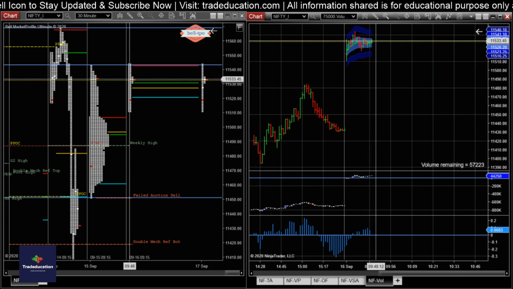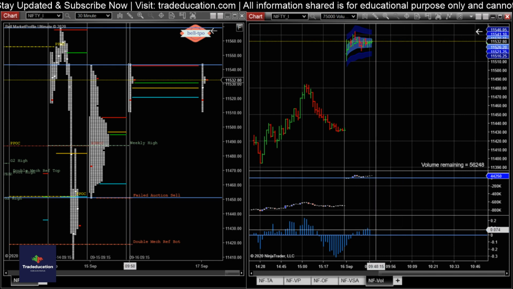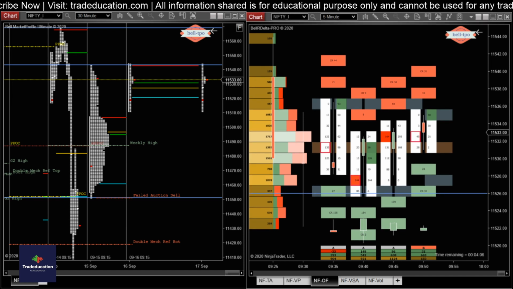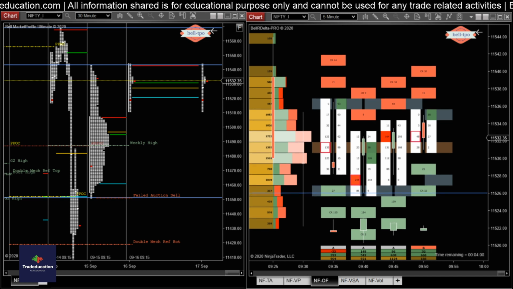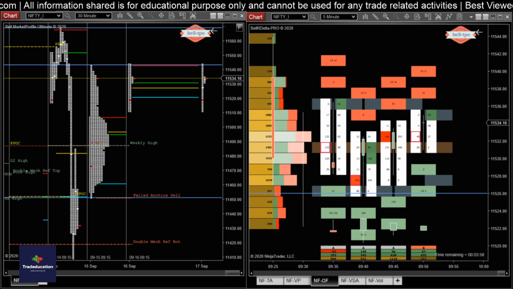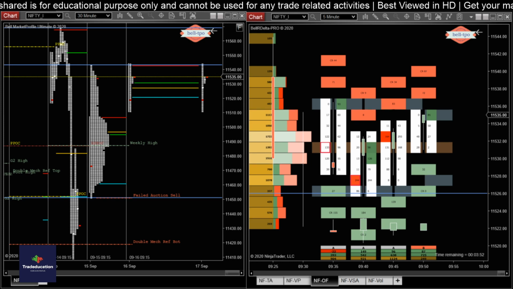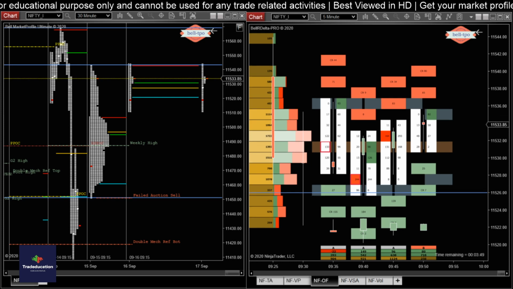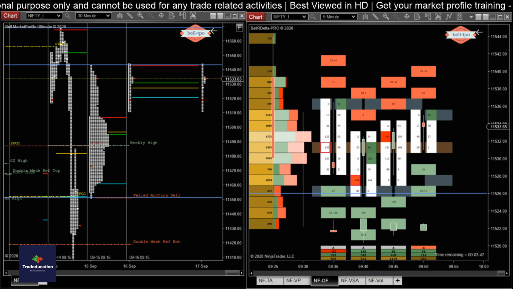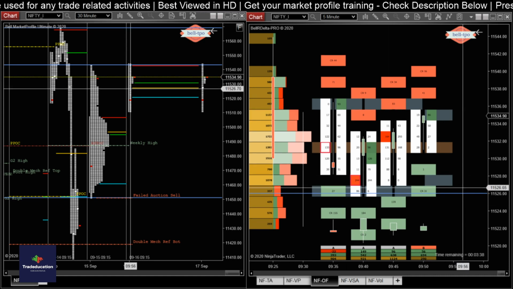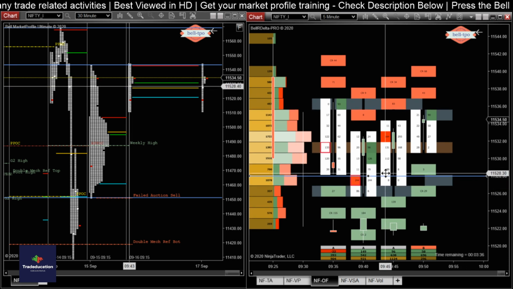So now it's just trying to tag above the VWAP. You can also move your stop loss to this previous 5-minute candle.